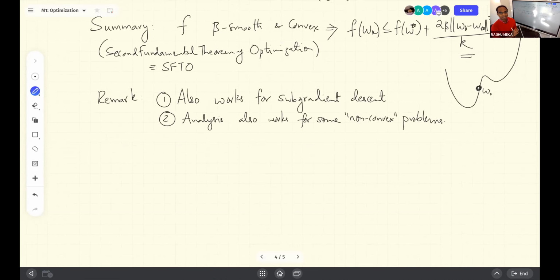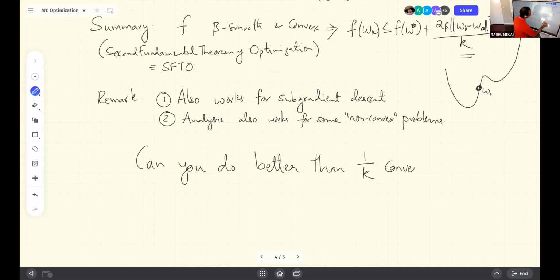So the natural next question should be, can you do better than this 1 over k convergence?